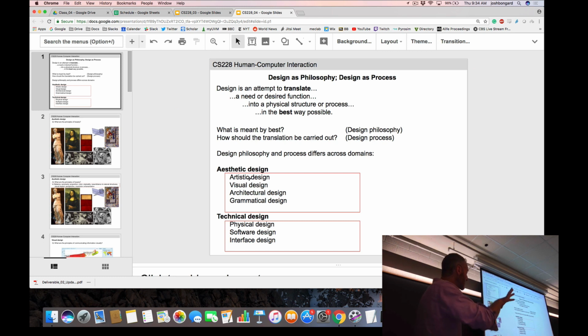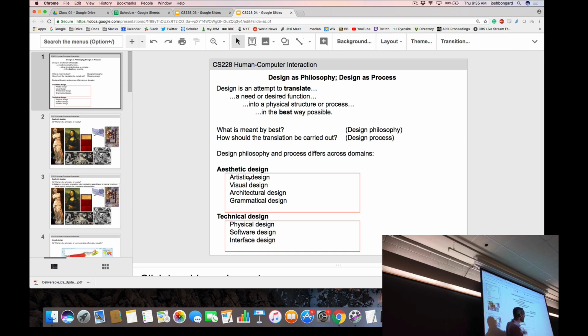So we're going to distinguish now between design philosophy, where I have an idea about how to come up with design processes, and then we're going to talk about design processes themselves. Okay. To illustrate the difference between design philosophy and process, and to really focus in on those aspects of design that are important for us in HCI, we're going to walk through design in a bunch of different domains, and we're going to do it in a particular way.